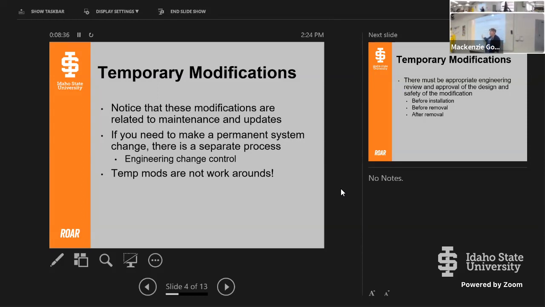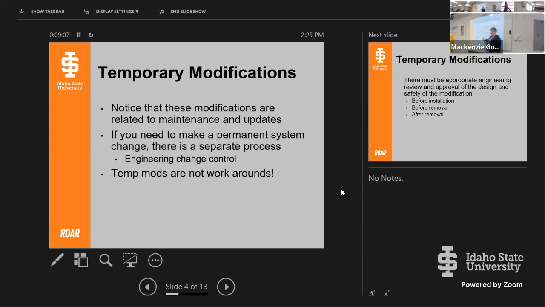Because now there's some design aspect, right? It's not just you as an operator saying, this system doesn't work well with this configuration, we need to change this human interface or this alignment. That may be very true, but the engineer has to go in and make sure that the design is compatible with the safety analysis, with the other system interactions, with the materials requirements. So this process is controlled by engineering.